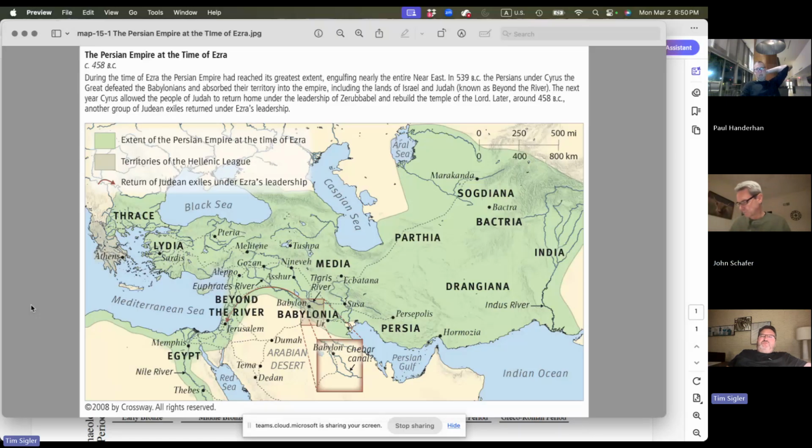Cyrus is in control of what had been the Babylonian Empire and what had been the Assyrian Empire, and he is expanding vastly. You can see all the way to India in the east, and through Greece in the west, and through much of North Africa, and certainly all the Nile Delta and Egypt.